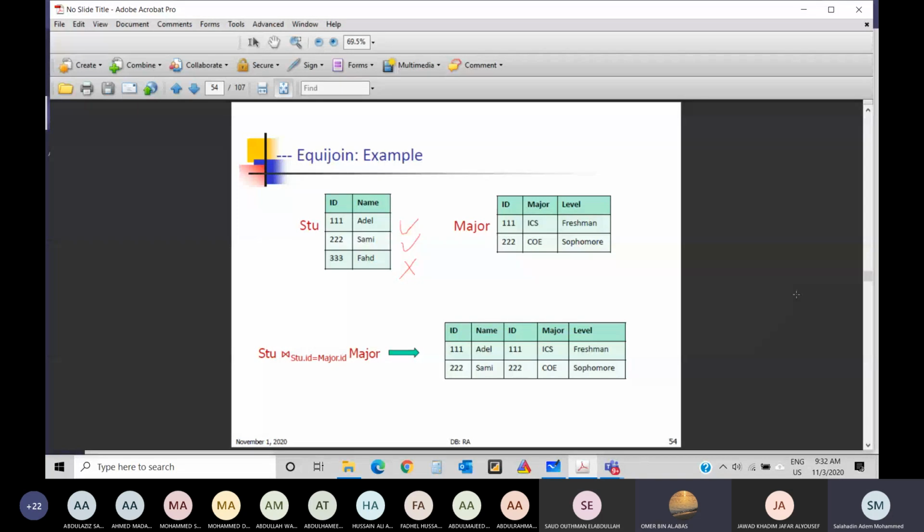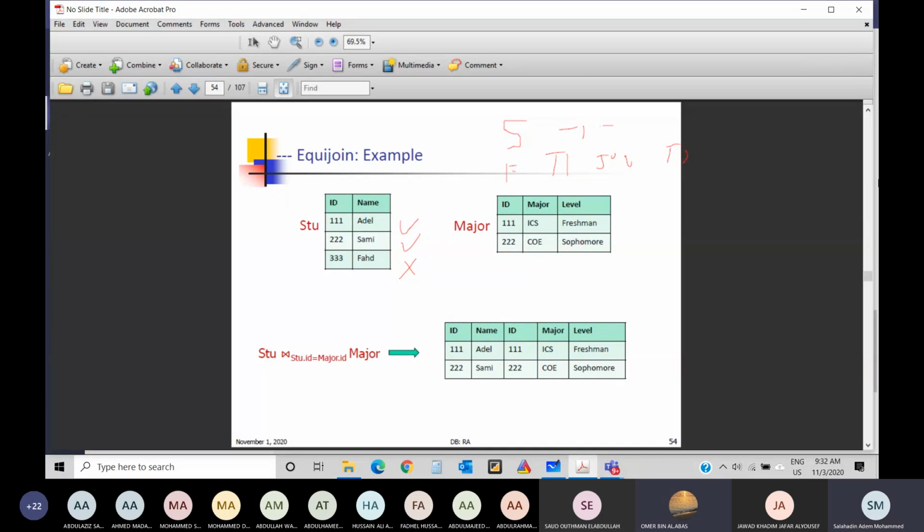Is it in SQL? Yes, all in SQL is this one. Select whatever columns you want, from table 1 join table 2, but don't give any condition.